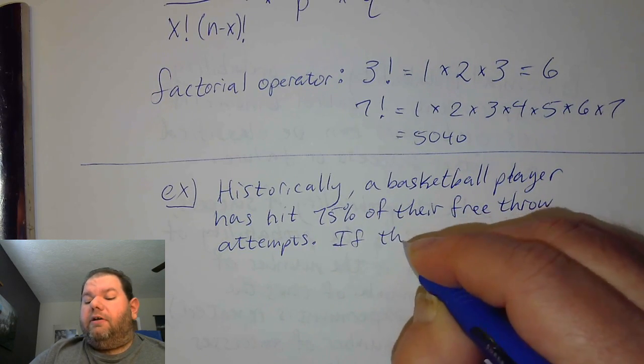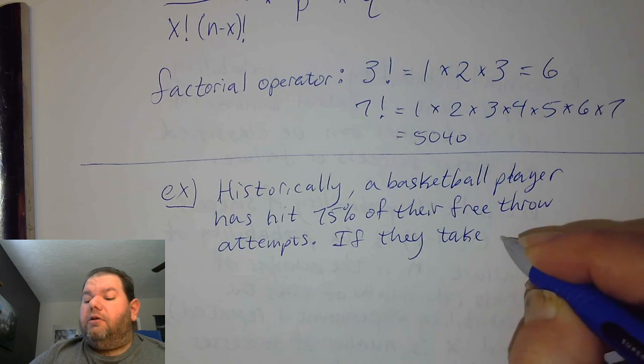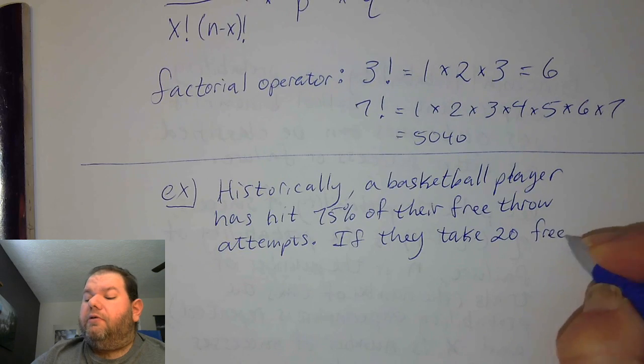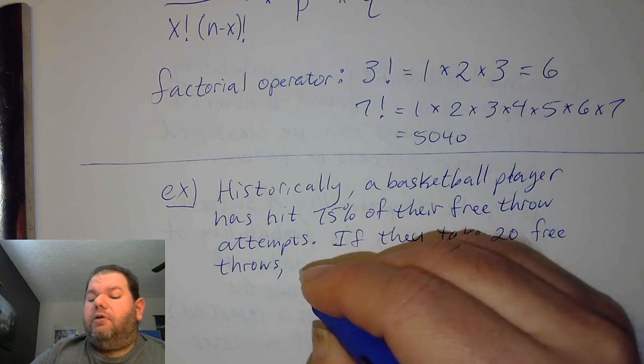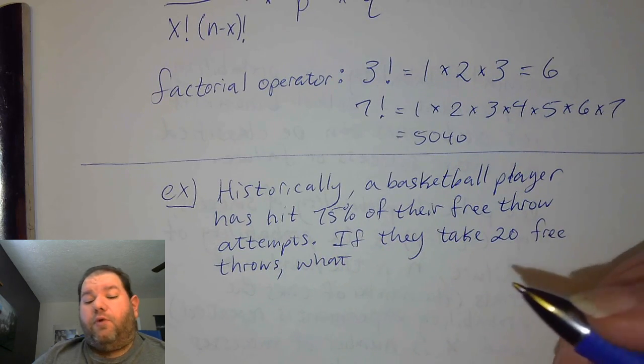If they take 20 free throws, what is the probability that they are successful in 14 of those?